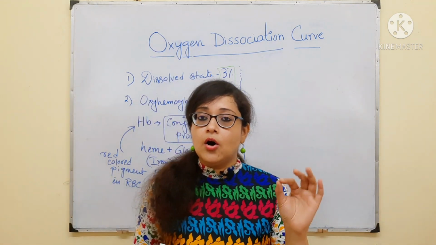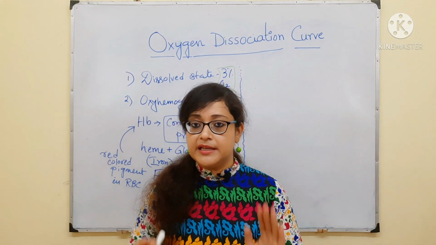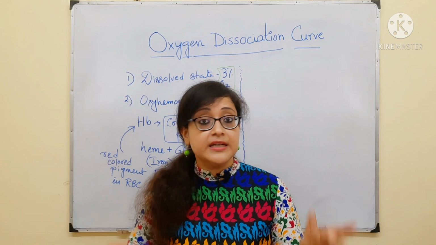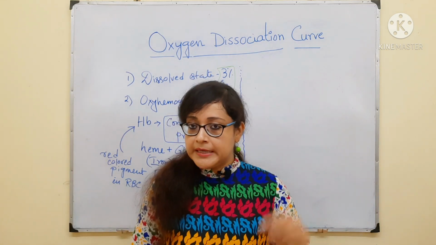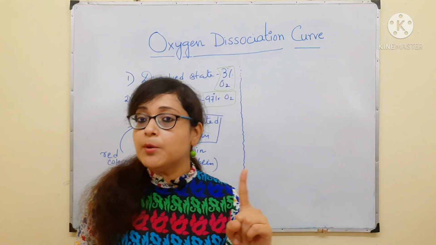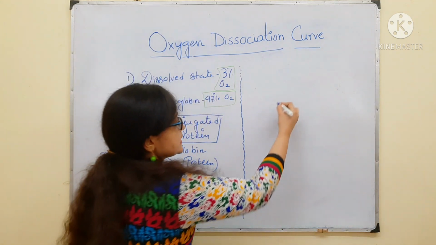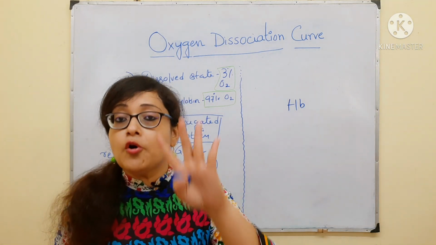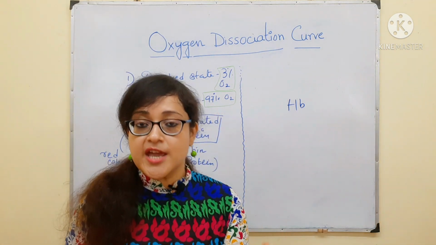Now when oxygen is being carried by hemoglobin, how does the process occur? How does hemoglobin get attached to oxygen? A single molecule of hemoglobin can bind 4 molecules of oxygen.